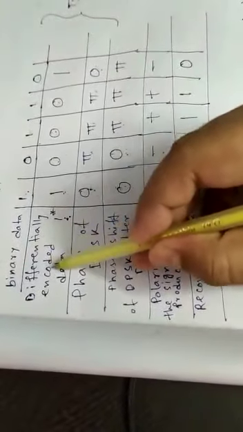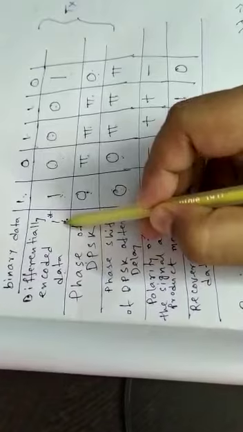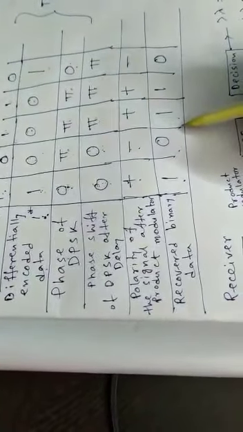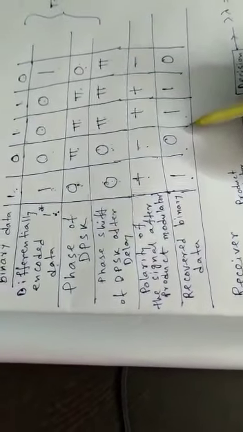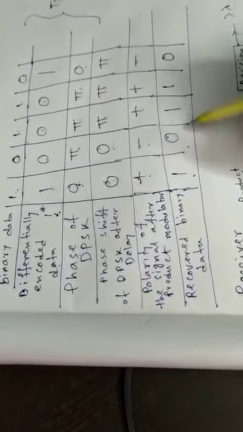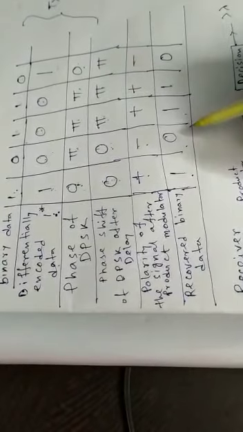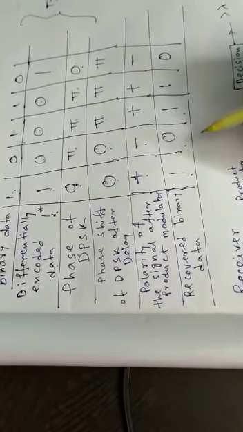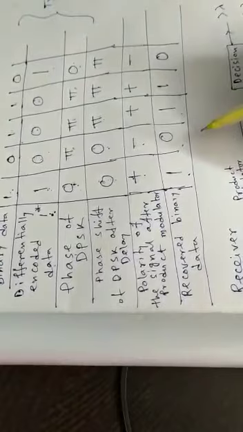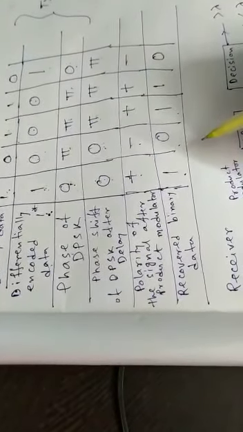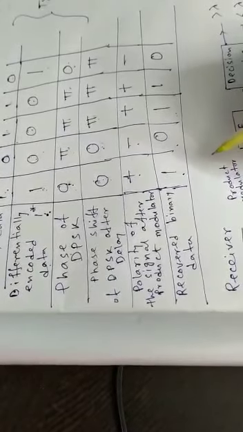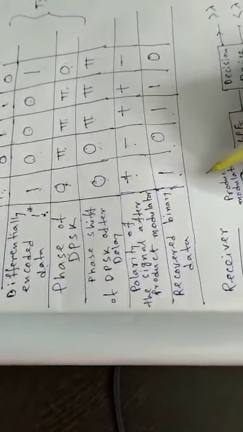Now similarly, you can try if the differentially encoded binary data previous data is 0, then also you will get the same result. So this is the non-coherent version of phase shift keying, where you do not need to generate the carrier signal by a local oscillator at the receiving end, which has the same frequency and phase as the transmitter carrier frequency.